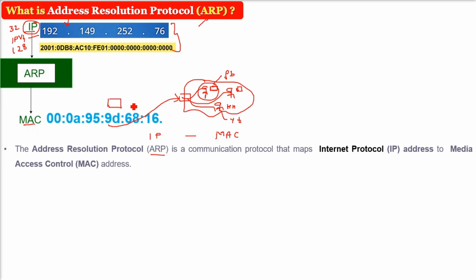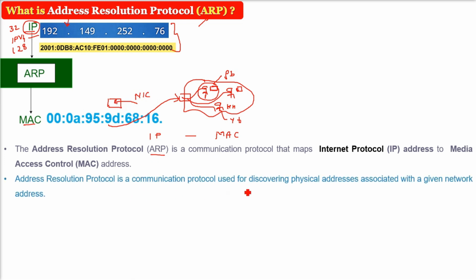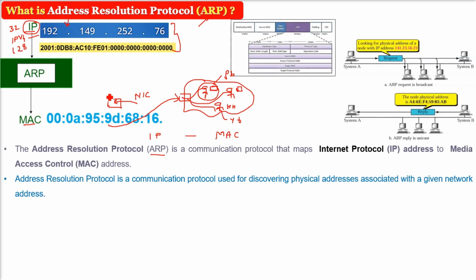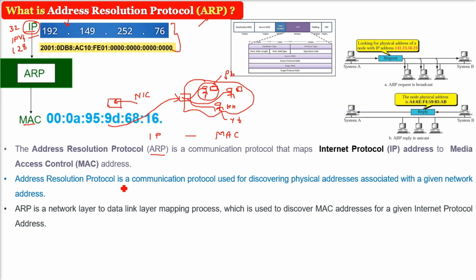When your computer is manufactured, and more precisely the NIC, Network Interface Card, is manufactured, the manufacturer has already put in a number which is physical, which is embedded. Okay. So this address resolution protocol is a communication protocol used for discovering physical addresses. Physical addresses can be from Belkin, from D-Link, from Cisco, and this physical address is associated with a given network address.